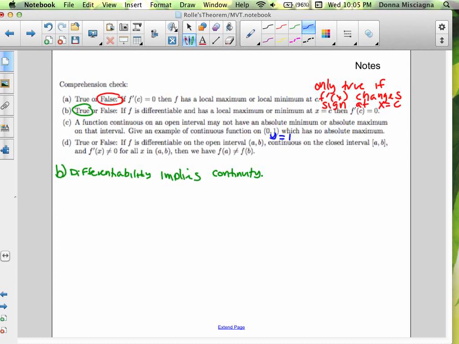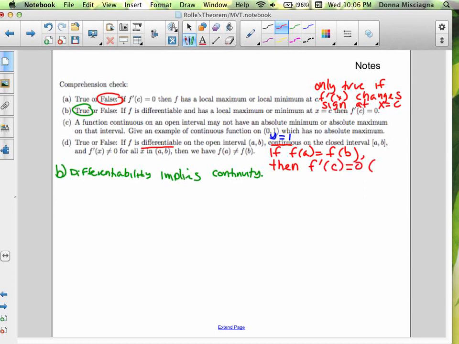All right, so here, sort of looking at Rolle's theorem backwards, if f of a equals f of b, then, and we already established that it's differentiable and continuous, then somewhere f prime of c equals 0.